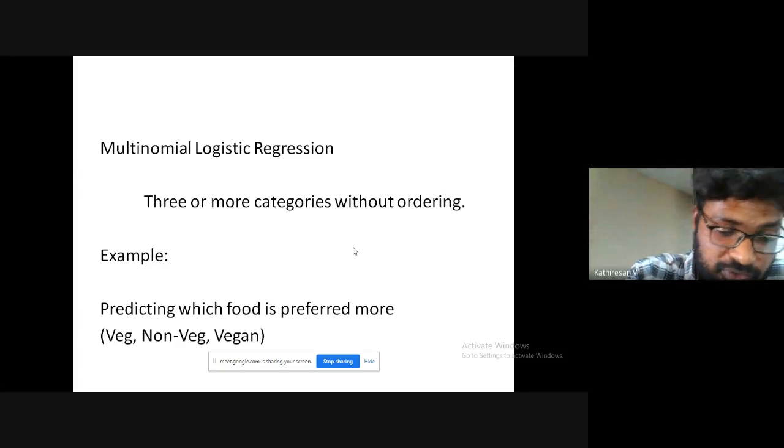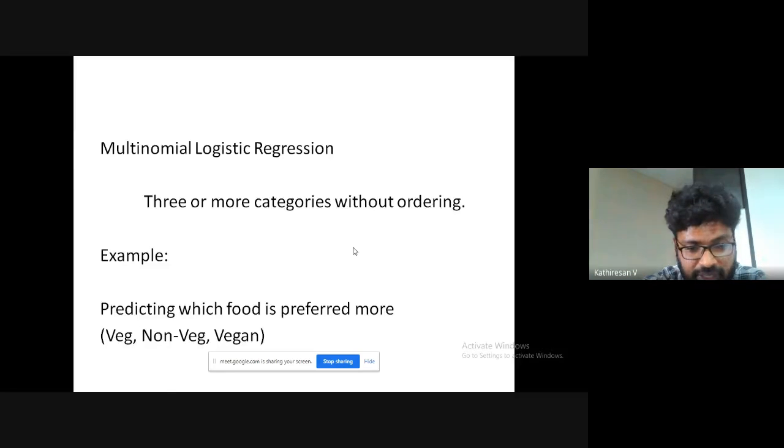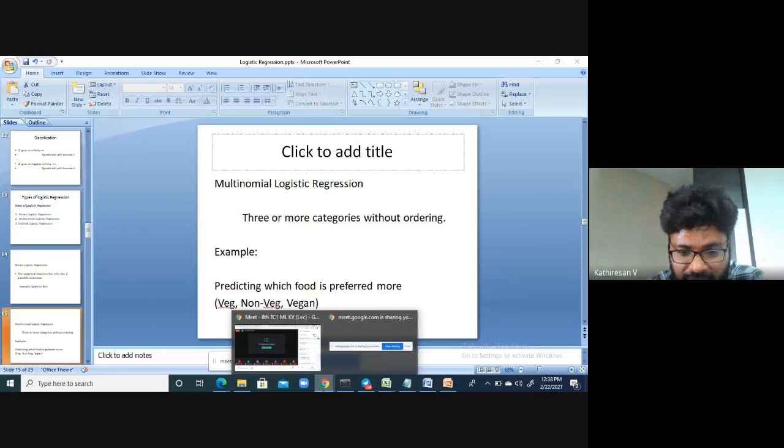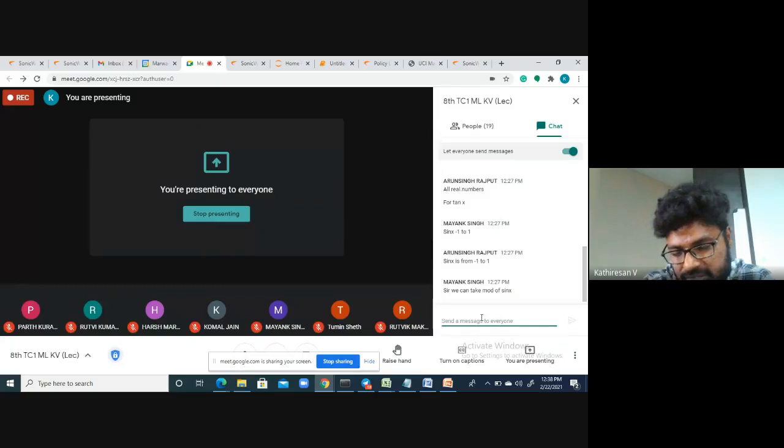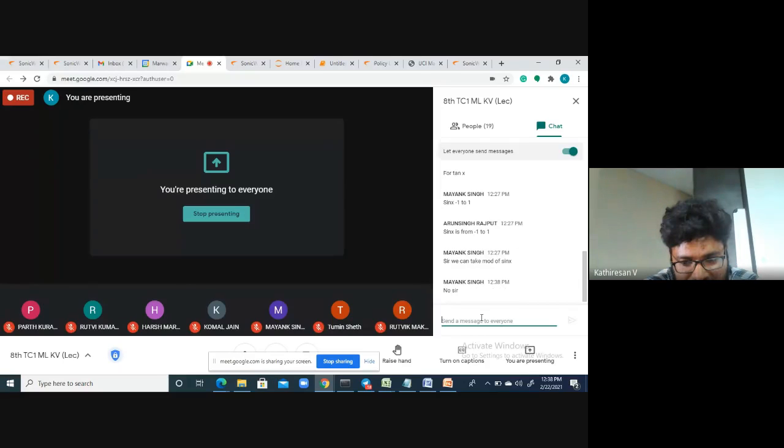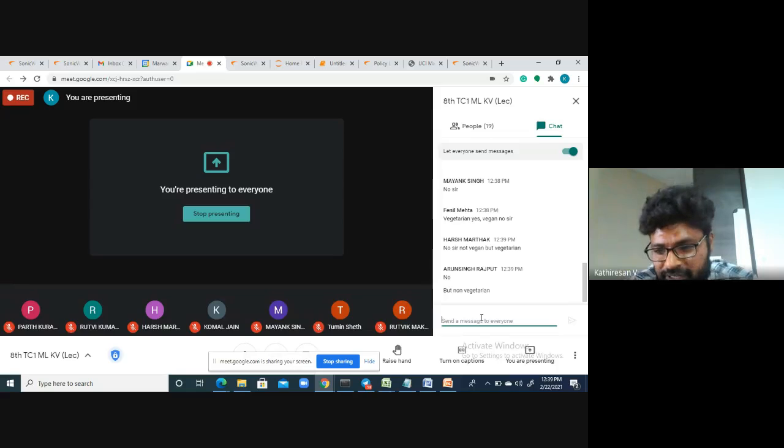I hope everyone knows about vegan, right? Is there any vegan here? Any of you are vegan? Mayank, are you a vegan? Arun? Any of the vegan in your class? No, but I'm seeing in Gujarat all are vegetarians. Vegan, no. Fenil, vegetarian, yes. Okay, so you are giving answers like logistic regression.